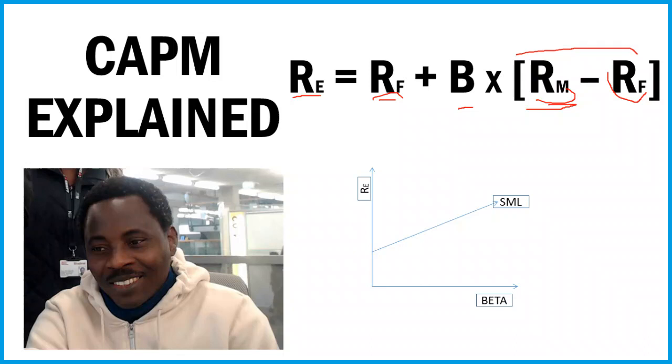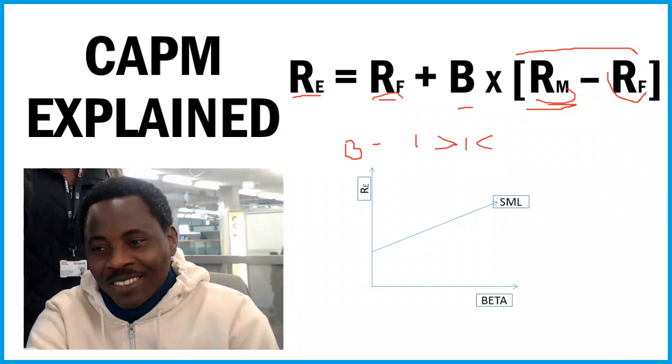And basically we can have one as a beta, we can have higher than one, and we can have lower than one as a beta.